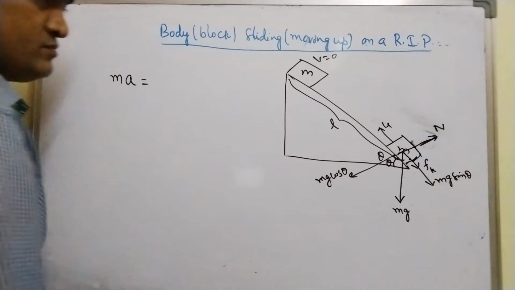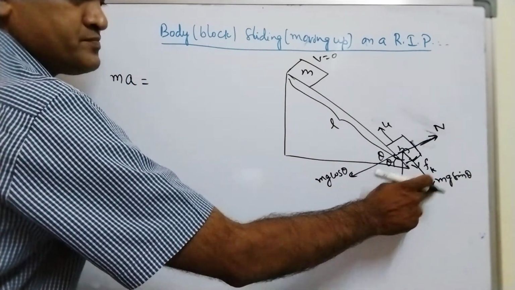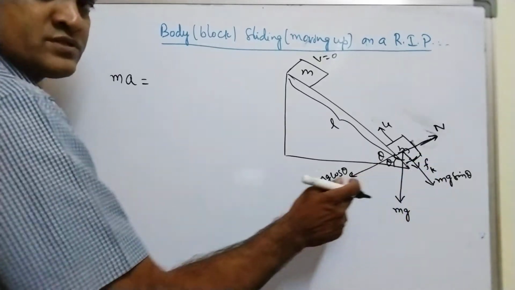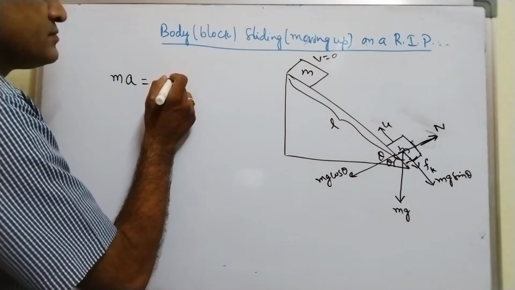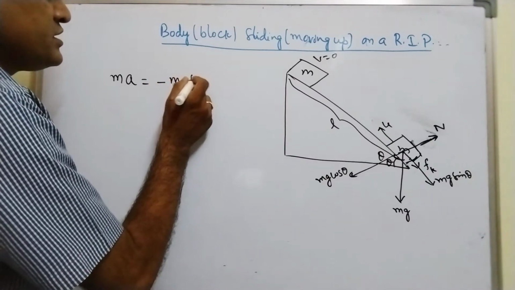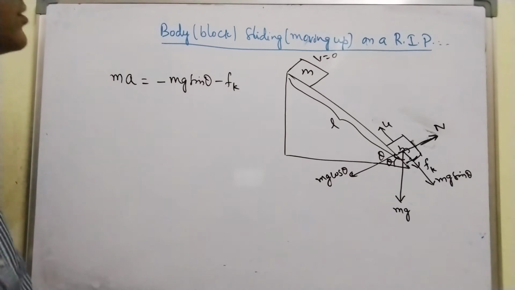MA is equal to, these two forces are acting in the opposite direction, so I can write minus mg sin theta minus Fk. Is it not?